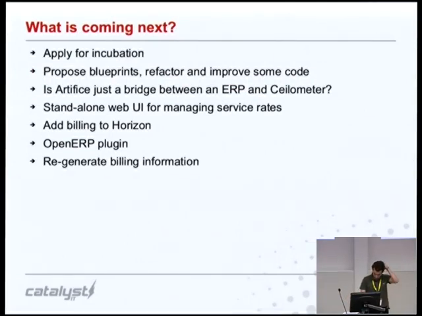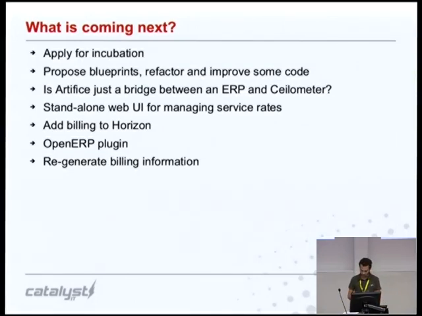Now, what's coming next? First, I need to emphasize that everything I have shown you so far is experimental code that we have produced for ourselves recently. It's just a spike that happened inside Catalyst. And at this stage, it's still rough around the edges, but it does its job, works for us. Now, there's some discussion going on with OpenStack core developers about incubating Artifice as an official project.